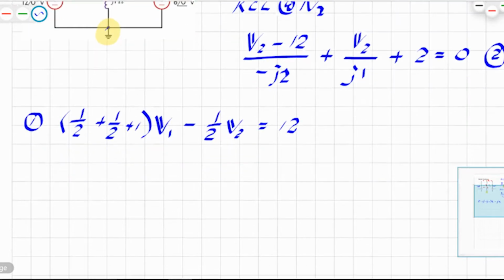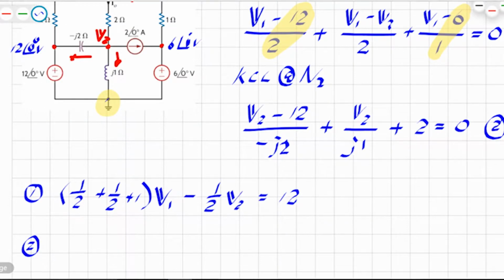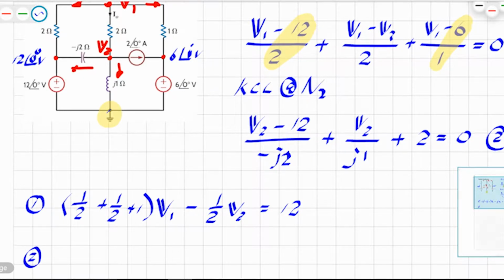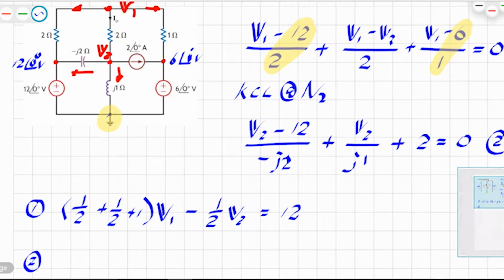We're going to do the same thing for the second equation. All right, now we notice a problem here. In the second equation, we're looking at the currents coming out, and we ignored this current right here.